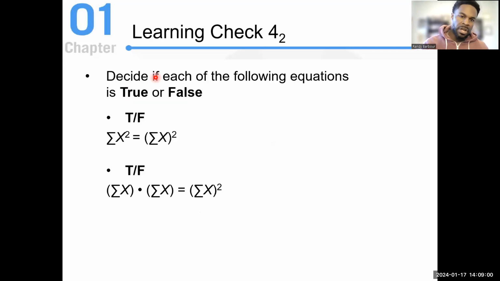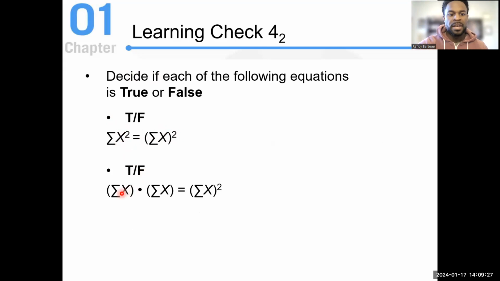All right, here's another learning check, deciding which one is true or false. The first bullet says the summation of x squared. Is this equivalent to summing all your x values and then squaring? In that case, that is going to be false, because these two notations give two very different answers. I'll demonstrate as we move forward.